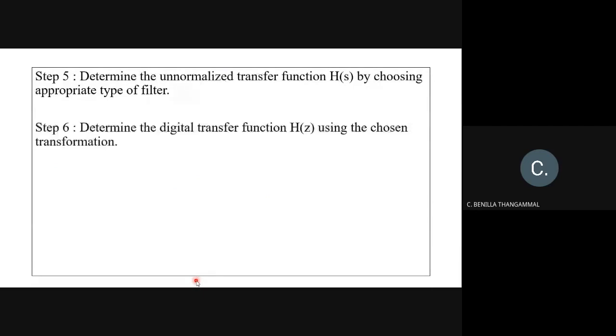And step 6 is to determine your digital transfer function H(z) using your chosen transformation. And step 7 is to realize the transfer function H(z) by a suitable structure. If the question asks you to realize it in terms of a structure, you have to go for that step. Else, you can skip to step 6. So this is the step-by-step procedure of your Chebyshev filter.